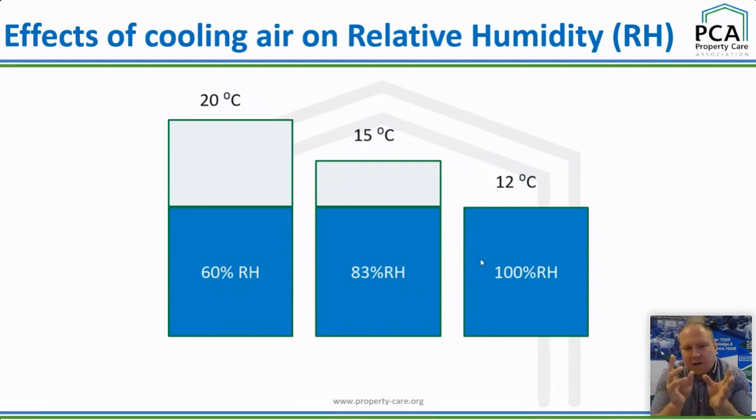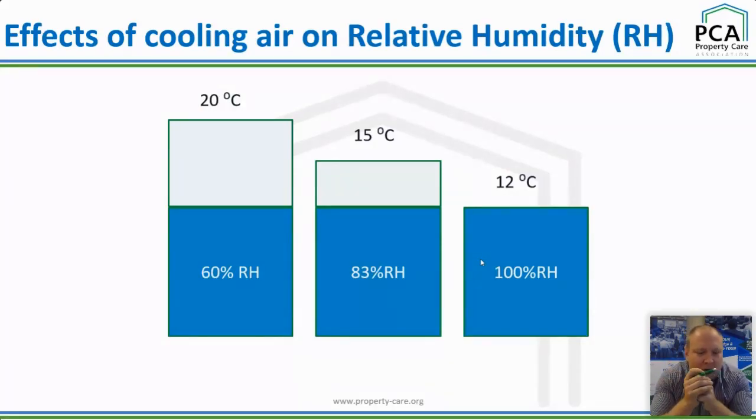Now, RH isn't a perfect parameter, but it is the one that's responsible for condensation, because when we get to 100%, we know condensation is occurring. So it's a good indicator, but it's relative. By relative, I mean it's not a precise amount of moisture. It's not grams, it's not a defined quantity, it's a relative amount compared to the amount of water the air can hold at a given temperature.